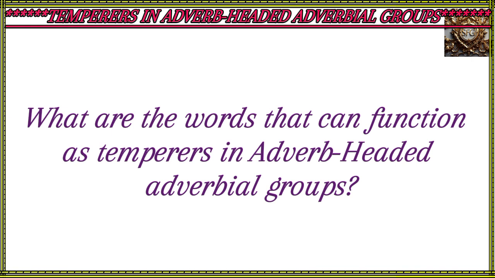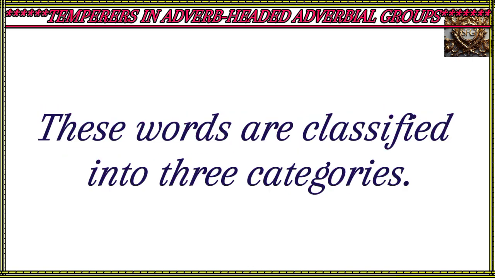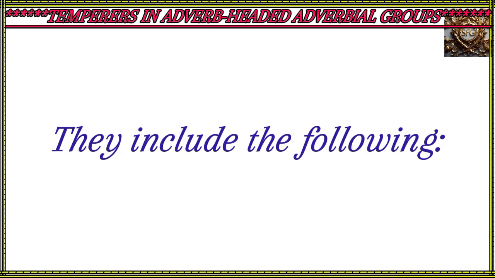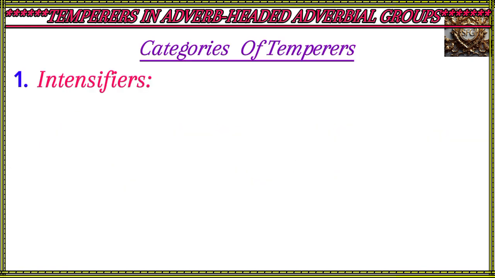Now, let's examine the types of words and expressions that can function as temporers within adverb-headed adverbial groups. These words can be classified into three distinct categories, each contributing differently to the modification of the apex in an adverb-headed adverbial group. These three categories include the following. 1.